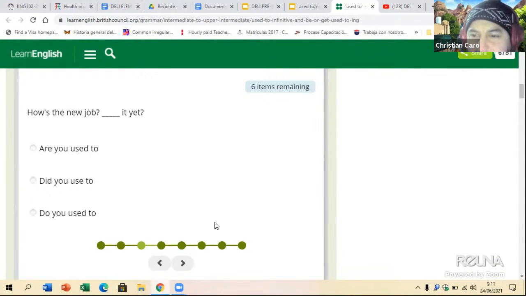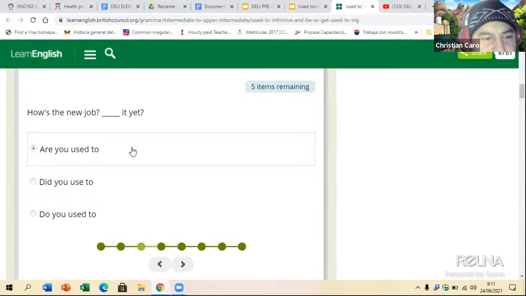It's not something related to the past necessarily. All right. Catalina Martinez, are you used to? Okay, Tania, number 1, Vicente, R. All right, I'm going to click on it and leave it for the end.